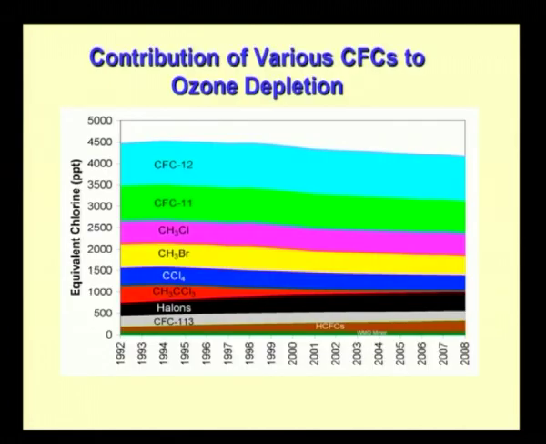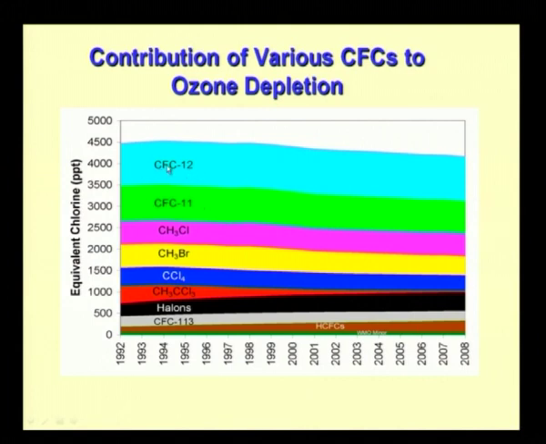And now, what is the contribution? You see on the x-axis the year, taken from 1992 to 2008, and on the y-axis we have taken the contribution of various CFCs, and here they have taken the equivalent chlorine. That means chlorine is taken as the base for comparison, and you can see CFC 113, halons, CCl4 and CH3 bromide, chloride, CFC 11 and 12.